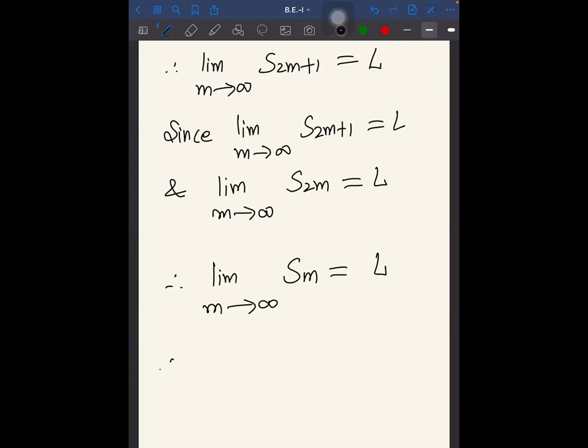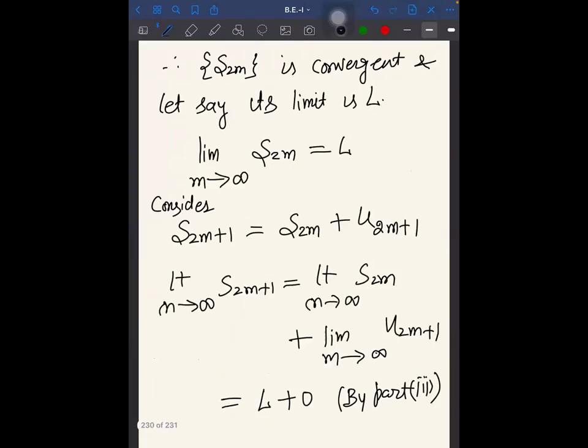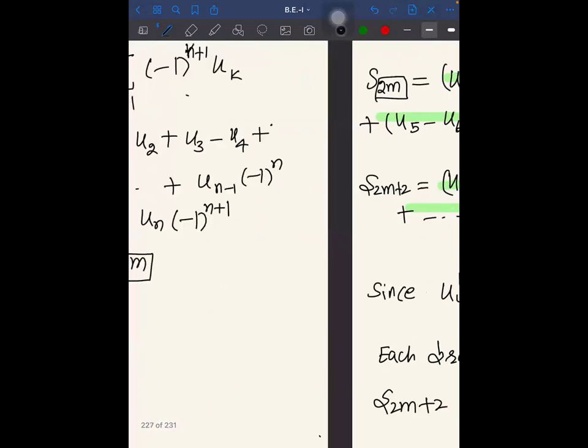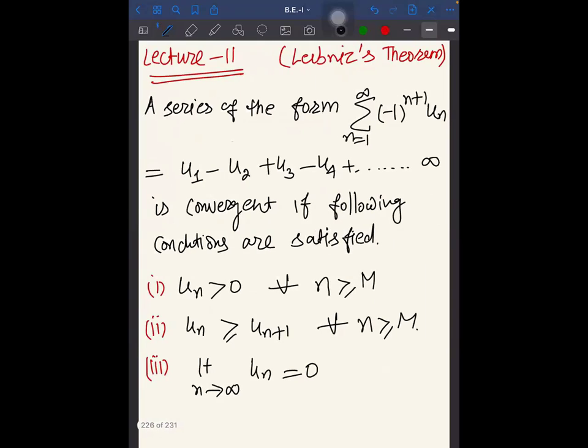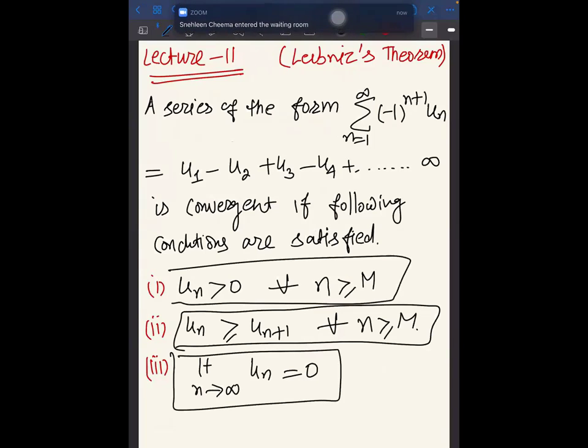So therefore our original series, m runs from 1 to infinity, (-1) raised to power m plus 1 u_m, doesn't matter if you change the index from m to n, is also convergent. Okay, now you see this, we have used every part, right? You check this, we have used part 2 as well, and we have used this part as well, and this part as well. Are you with me on this?